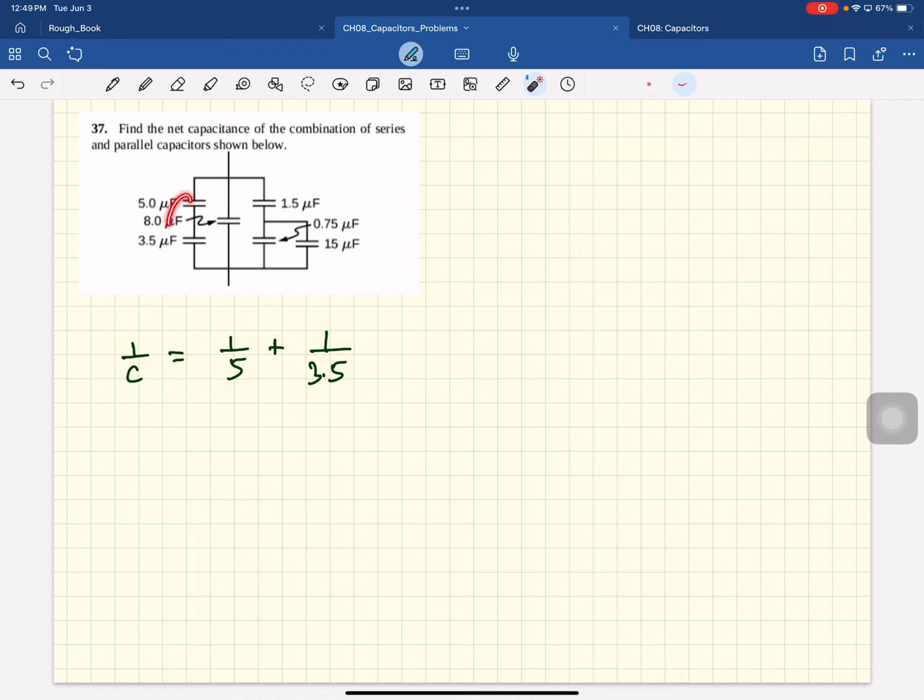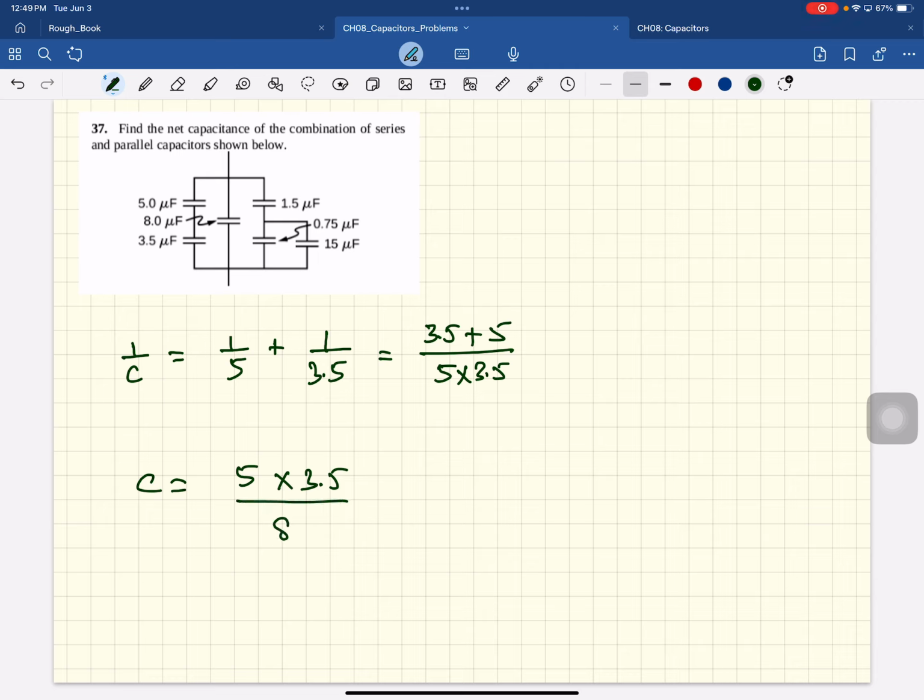Okay. So this combination, that is C, that's given by this. And this is equal to 5 times 3.5 over 3.5 plus 5. So C is 5 into 3.5 divided by 8.5, 2.06 microfarad.